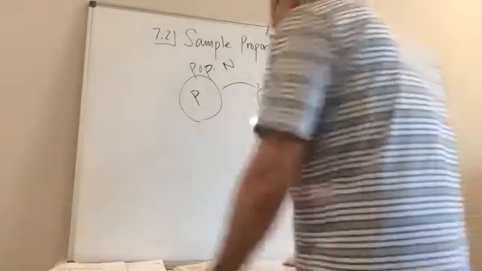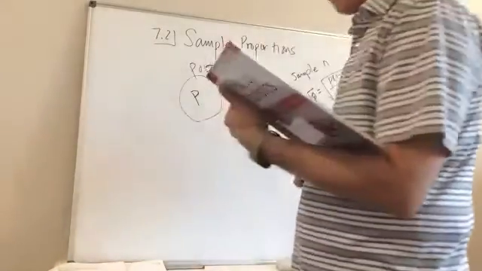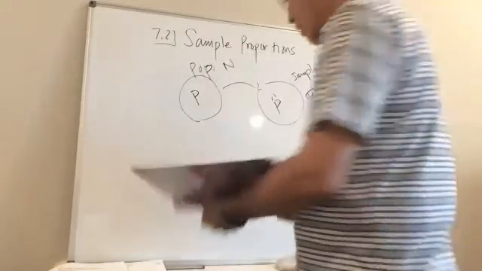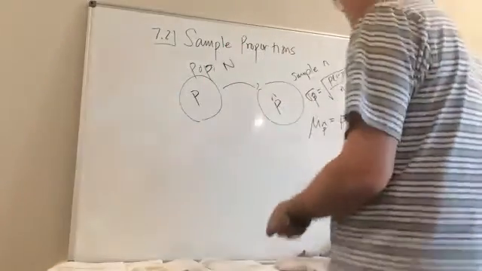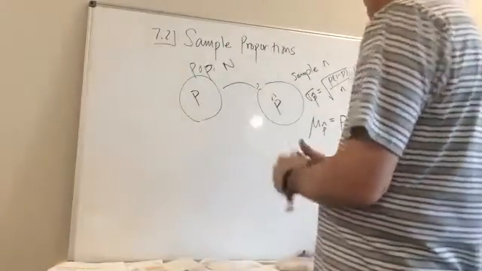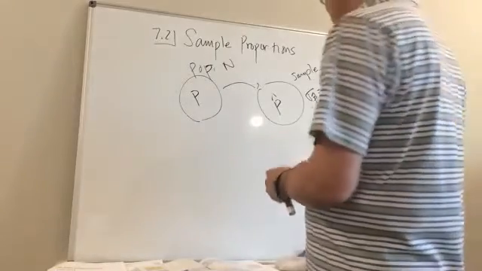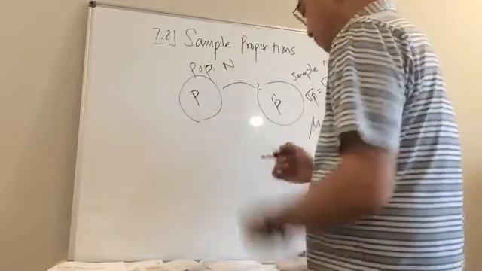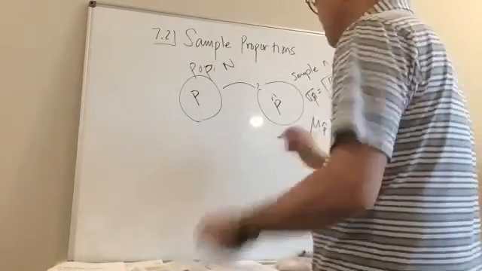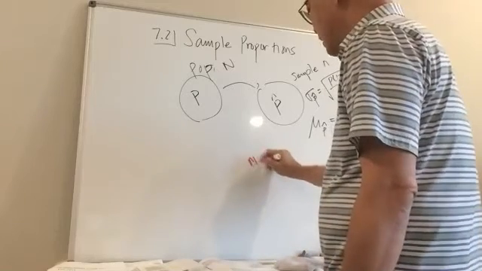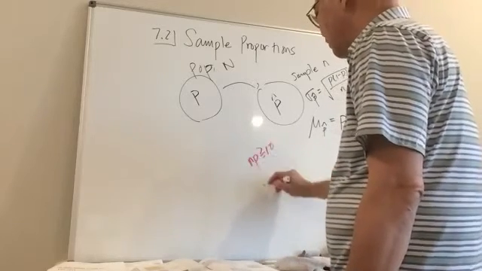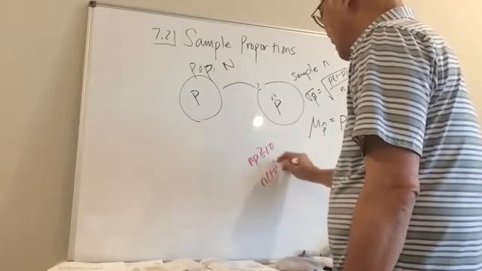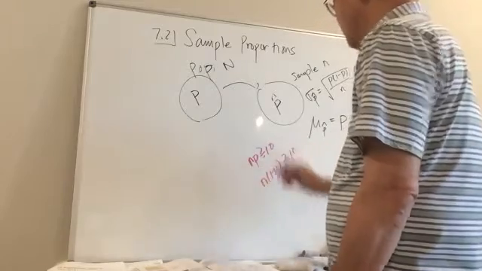Then also, on the very bottom, it says if you meet large counts. So what is a large count? Large counts was np greater than 10 and n times 1 minus p greater than 10, okay?